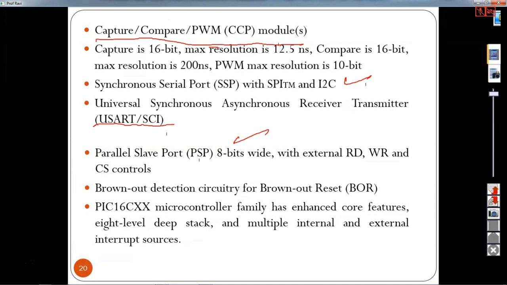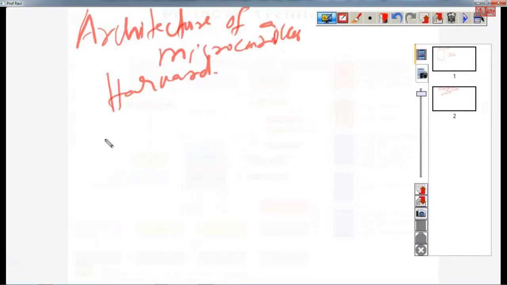Harvard architecture means you have a separate address bus and separate data bus for program memory and data memory.